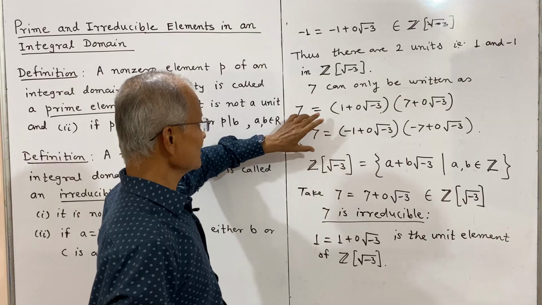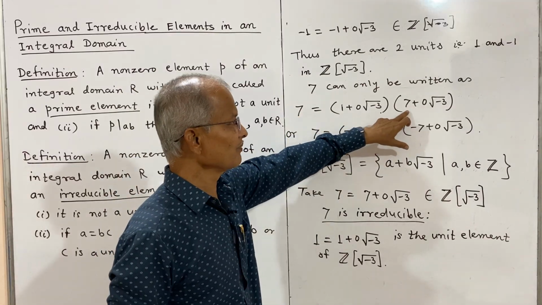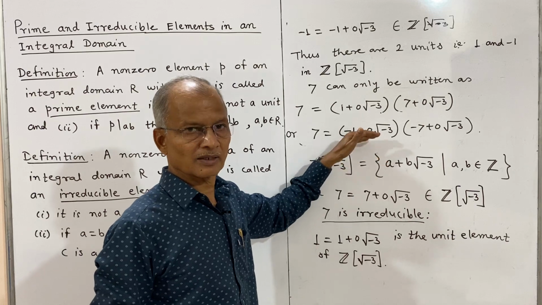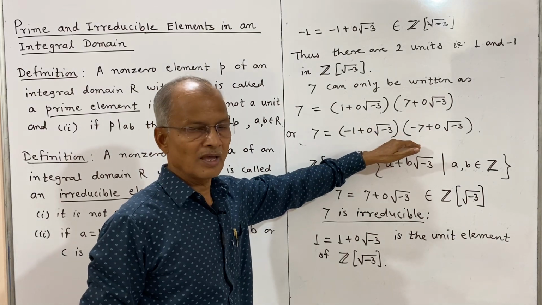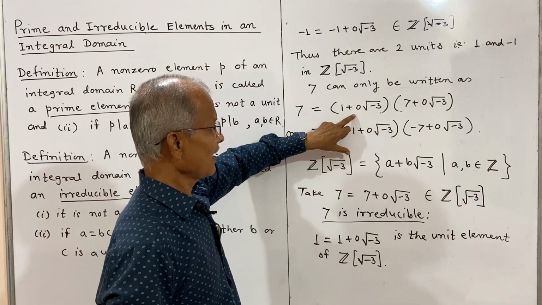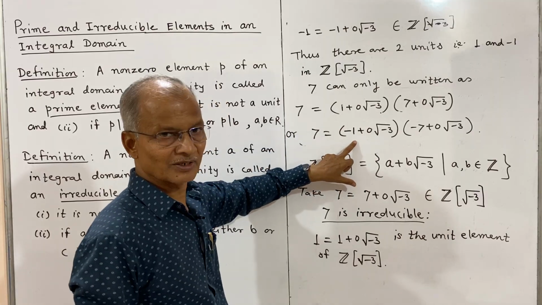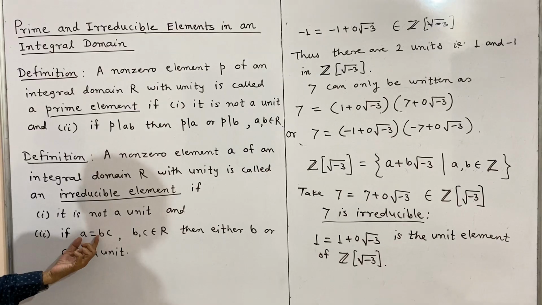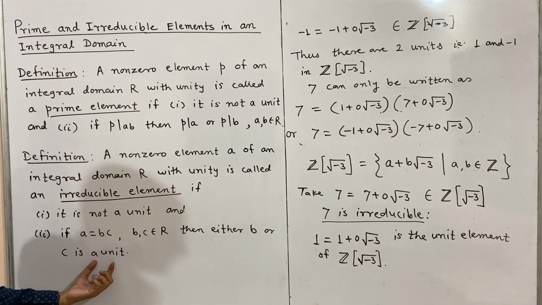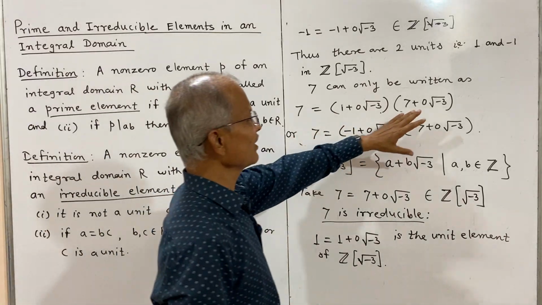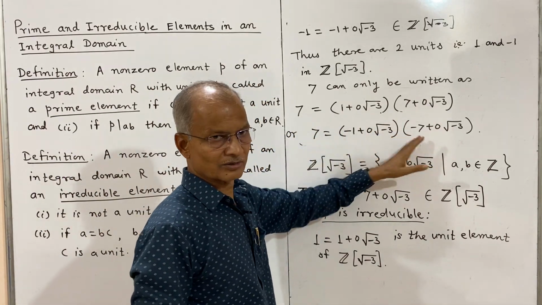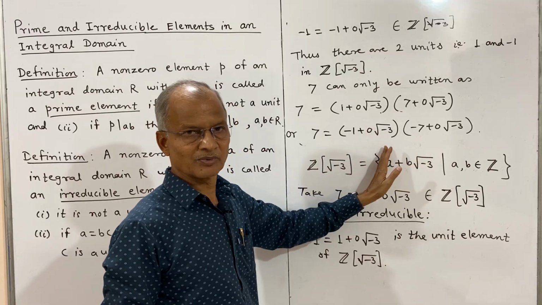Now you see 7 is written as A into B, or as another element C into D. In the first expression this is a unit, and in the second expression this is a unit. Means if 7 is written as B into C, then either B or C is a unit. One must be a unit.